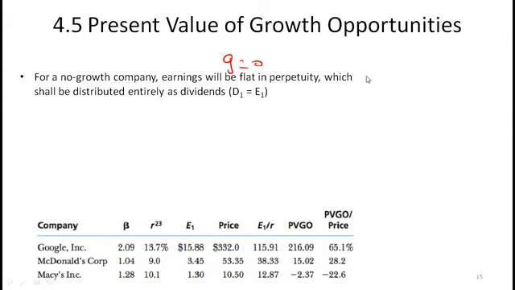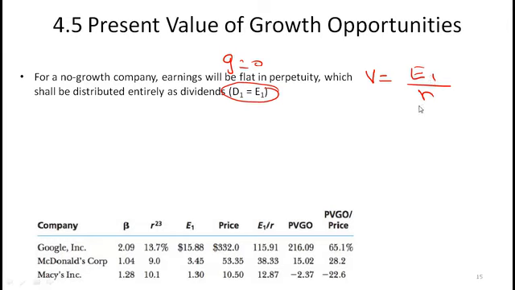So what will the value of this company be? It will be simply E1, which is the same as D1, divided by the appropriate discount rate. So the value of a company that has 0 growth is equal to E1 divided by R.